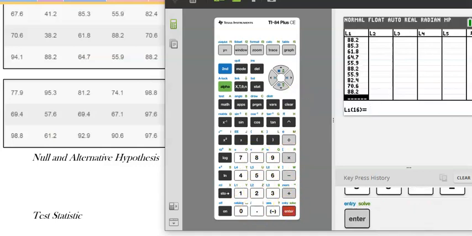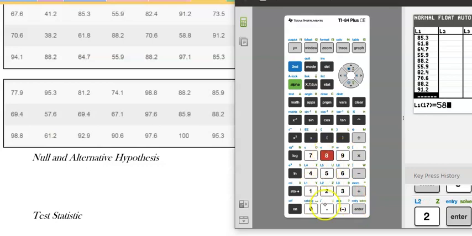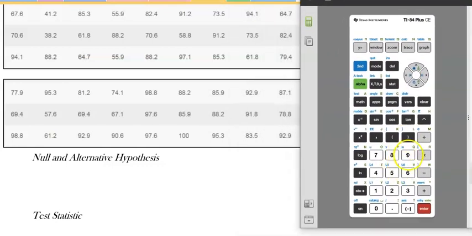And now 91.2, 58.8, 97.1, 73.5, 91.2, 85.3, 94.1, 73.5, 61.8, 64.7, 82.4, and 79.4.